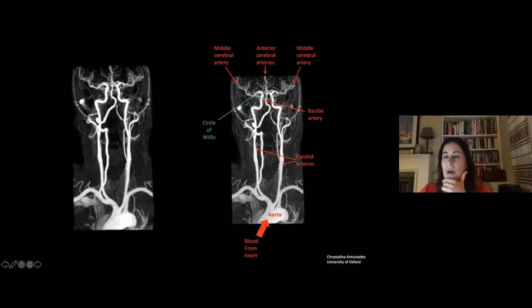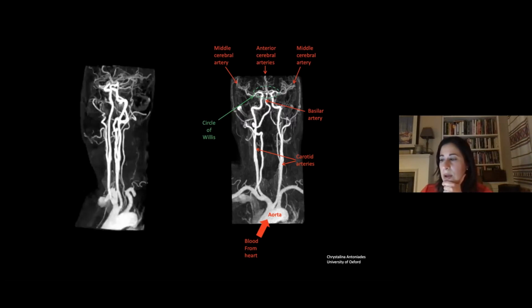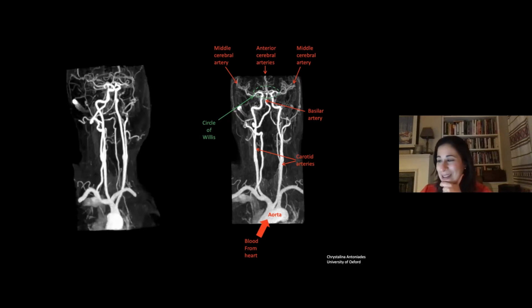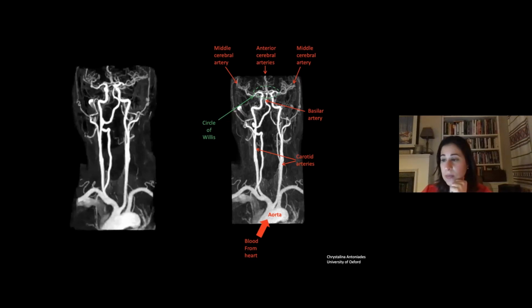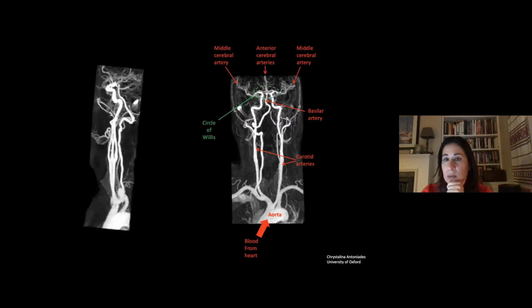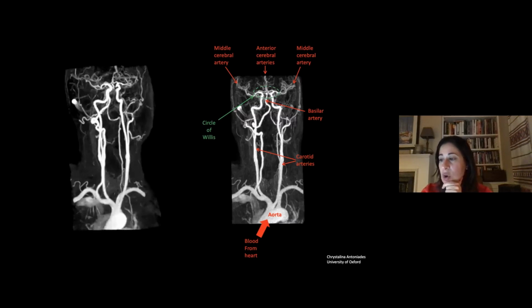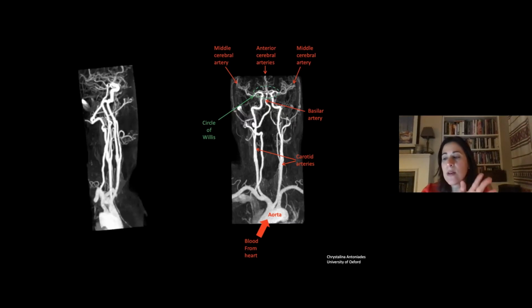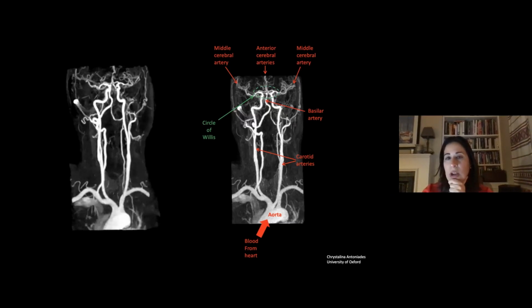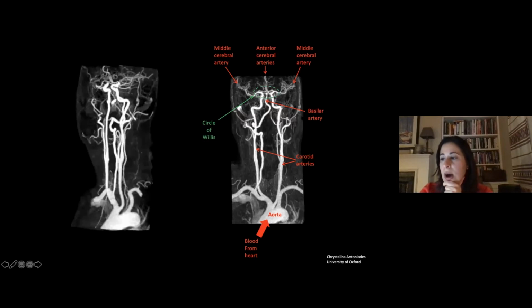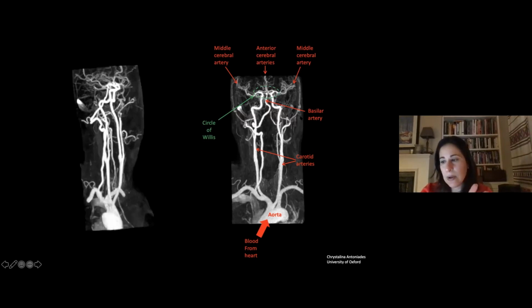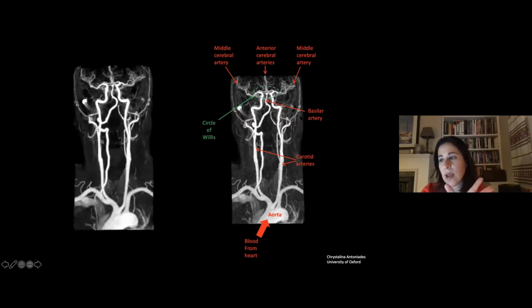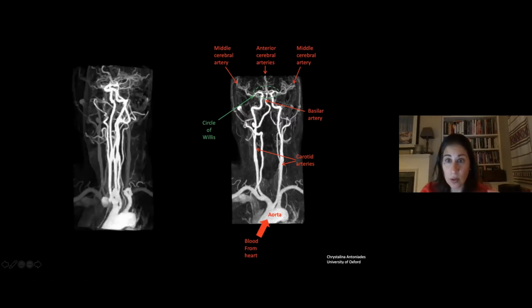In this angiogram, I want to point something out that I found out recently myself. There is another variation. So the left vertebral artery does not contribute to the basilar artery, meaning that the right vertebral artery, which is clearly larger, provides all of the blood supply to the basilar artery, and that's the posterior part of the circle of Willis.